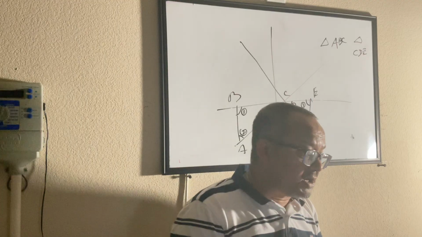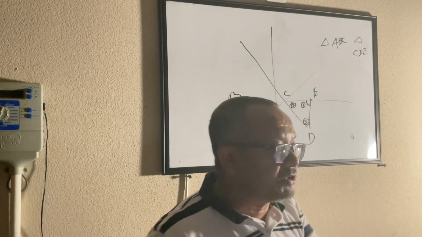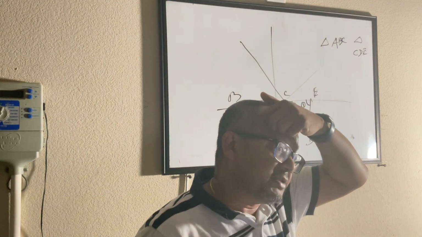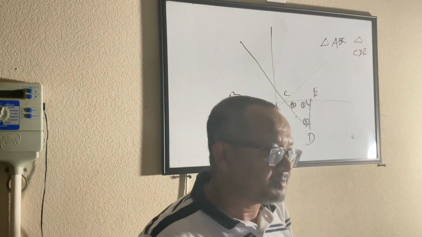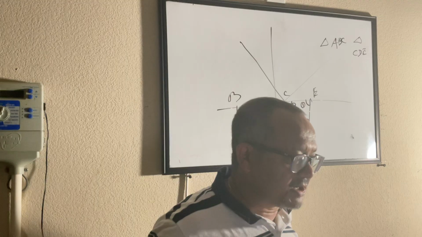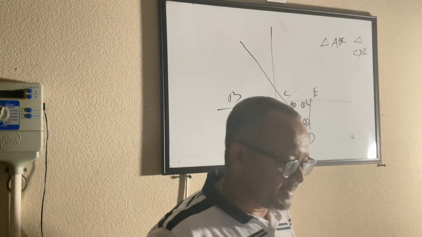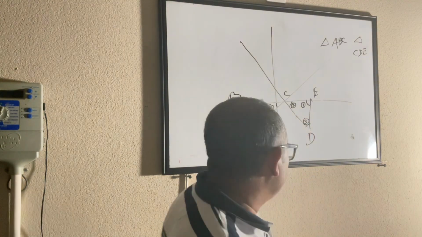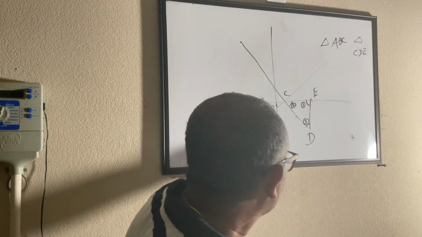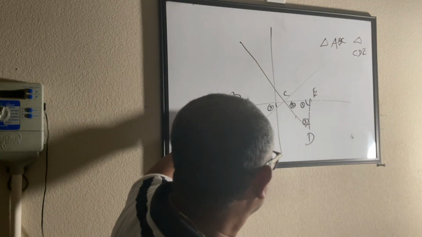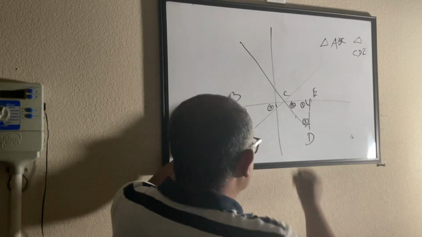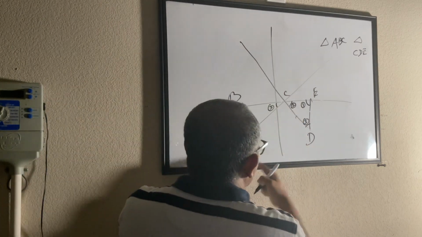Now if you guys recall, if you have two triangles similar to each other, their sides are in the same proportion. You guys agree or don't? Okay. So now, let's look at triangle ABC and this one.